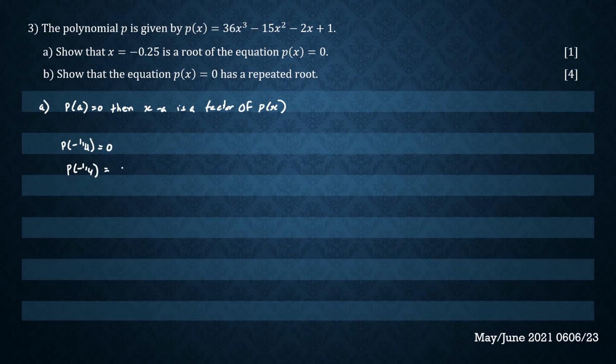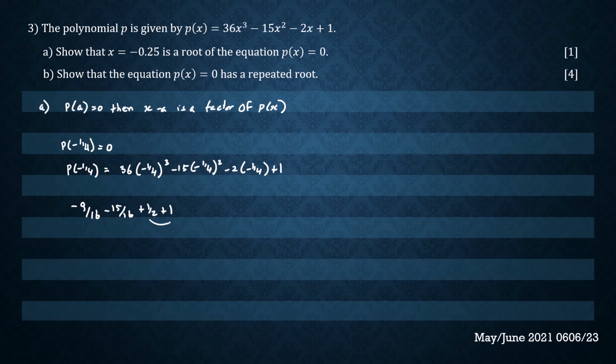So we'll have 36 times (-1/4) cubed minus 15 times (-1/4) squared minus 2 times (-1/4) plus 1. When we simplify, we'll get -9/16 - 15/16 + 1/2 + 1.